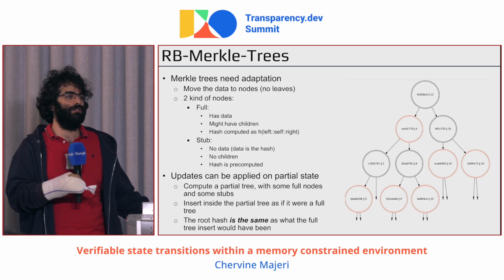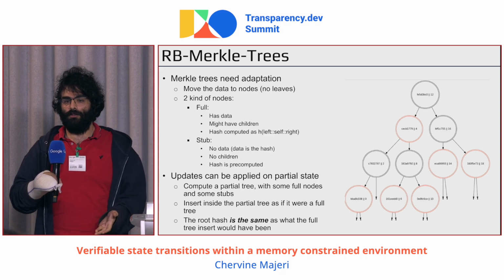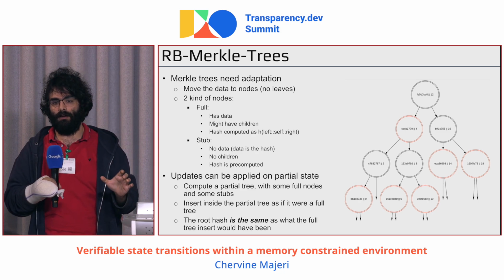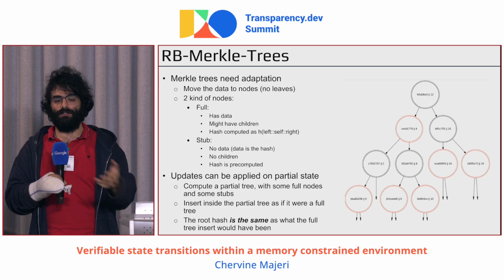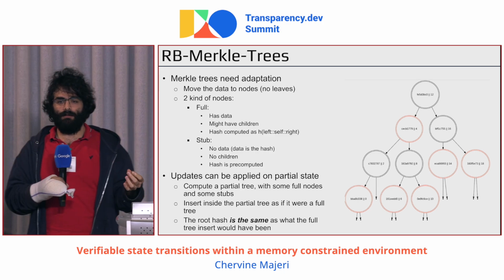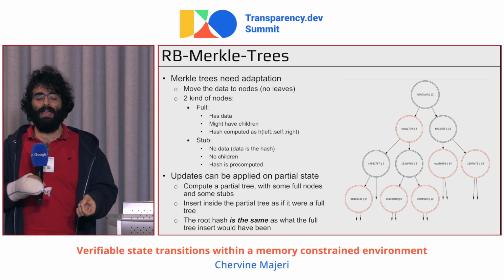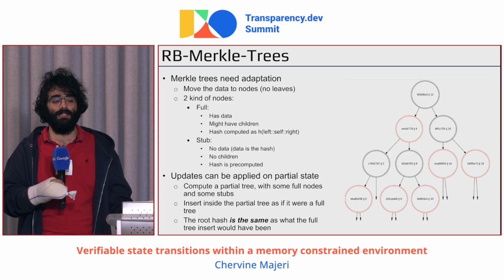I have 10,000 users. Instead of having the 10,000 nodes tree, I have the path that my users are going to be inserted in the red-black tree as a proof. I reveal that, which is like 10, 20 users. I insert into that, and the resulting root of the tree is the same as if I had inserted into the full tree.